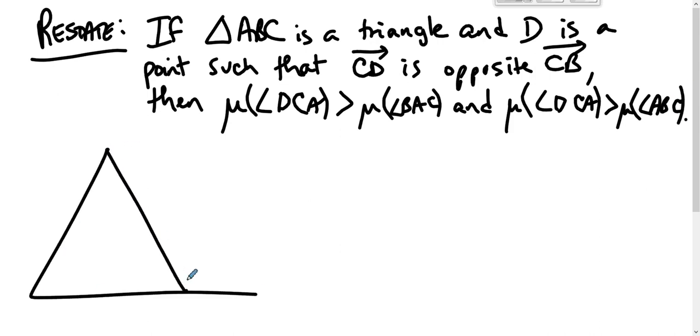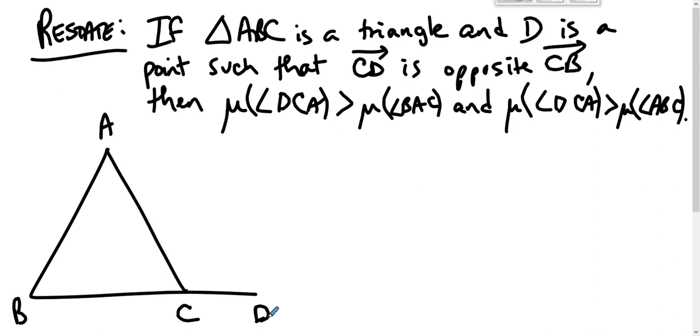ABC is a triangle. D is a point such that ray CD is opposite ray CB. Then the measure of angle DCA is greater than the measure of angle BAC, and the measure of DCA is greater than the measure of angle ABC. So here is the setup.